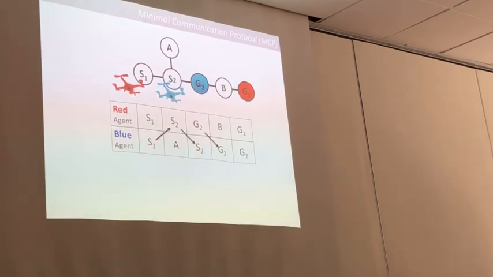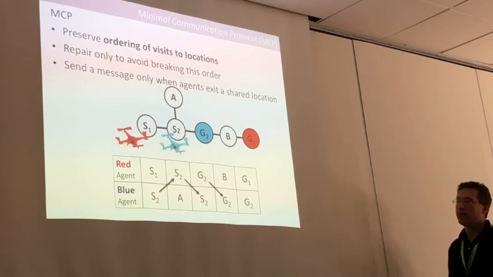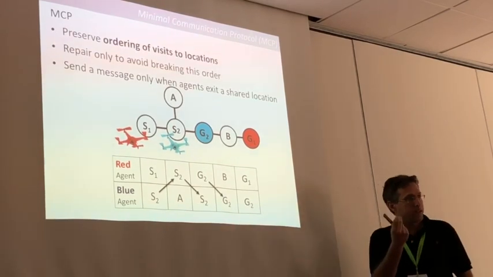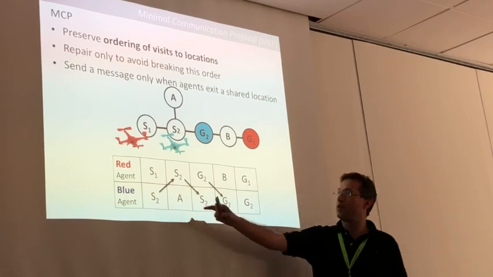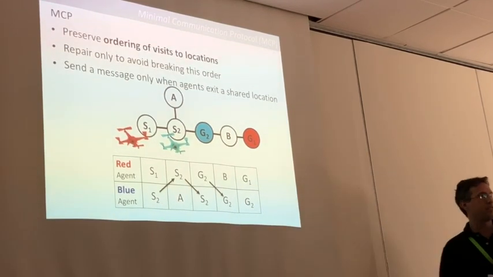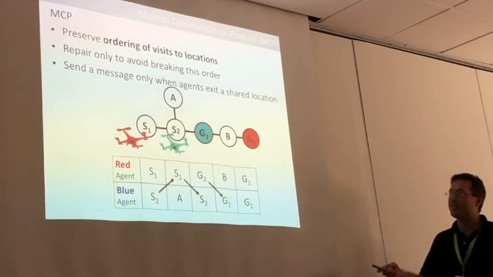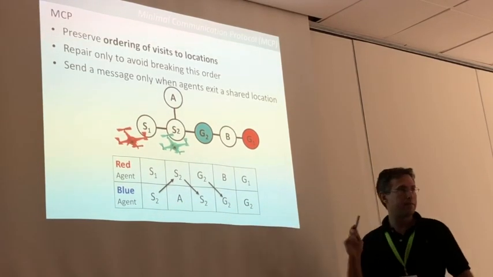And now we only want to preserve this ordering. So what MCP does is that it lets the other agent wait only if it's about to pass one of these possible joint locations or possible conflicting locations. And this also implies which messages to send. So when the blue agent leaves S2, only then it broadcasts I left S2. This is the only message it needs to send. So when it leaves the joint locations, it sends a message.